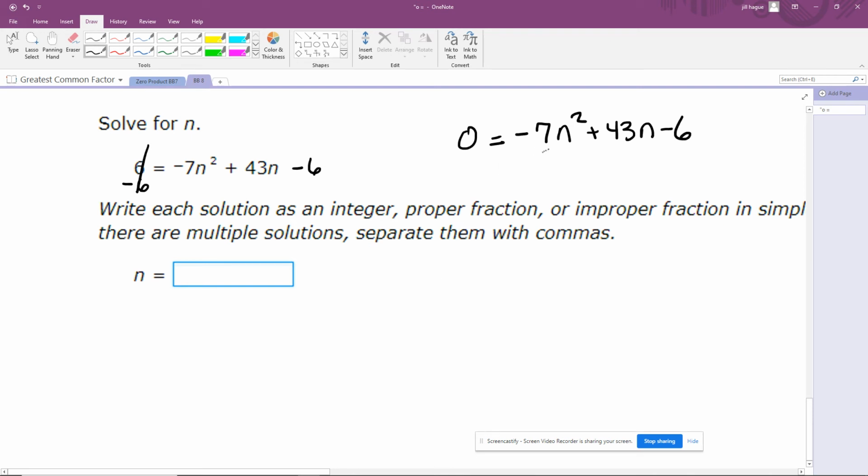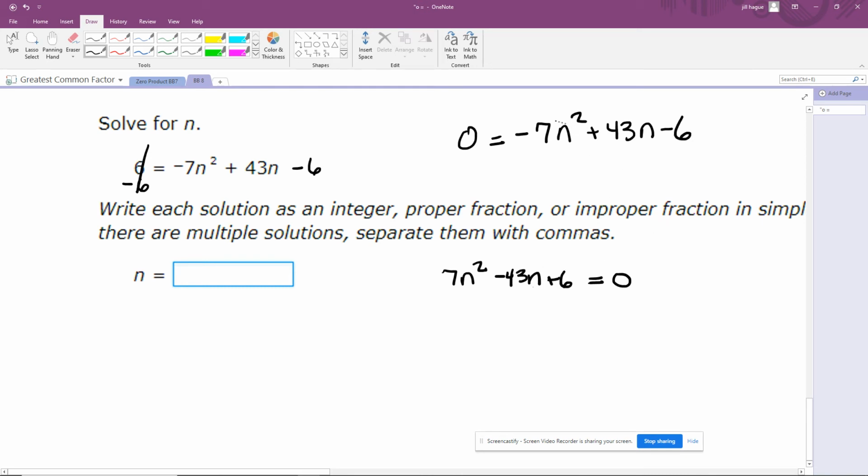Now, I like this to be positive here, all right, because it's going to make a little bit of a difference. So I'm going to multiply both sides by -1. 0 times -1 is 0, okay? So let me write it down here. And if I multiply this by -1, I get 7n squared. If I multiply this by -1, I get minus 43n. And if I multiply that by -1, I get plus 6.